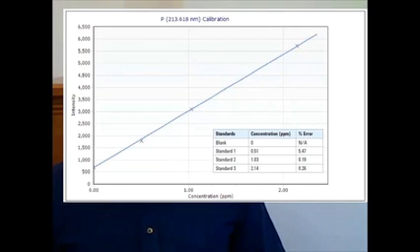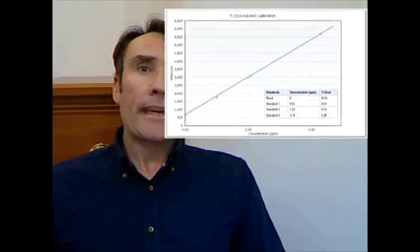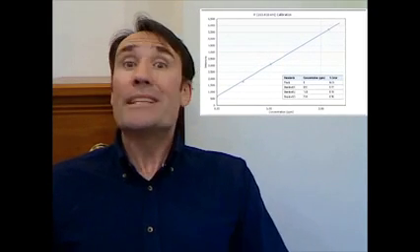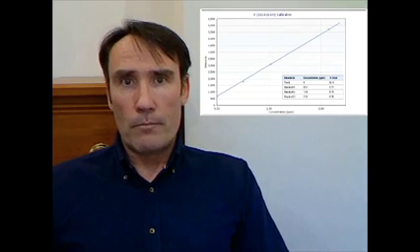So we calibrate the instrument first by introducing known concentrations of an element, multiple different concentrations of the one element. Once we get a signal back from the instrument on the amount of light for those known concentrations, we can create a calibration graph. And we do that for every different element we wish to determine in an unknown sample.